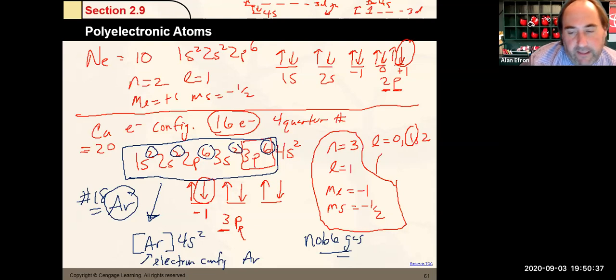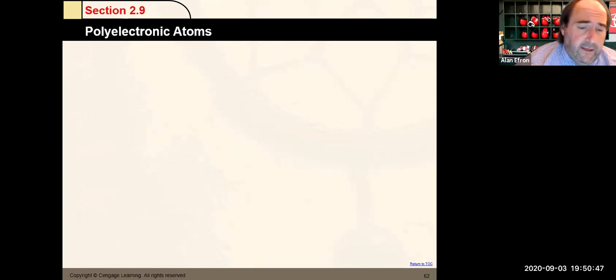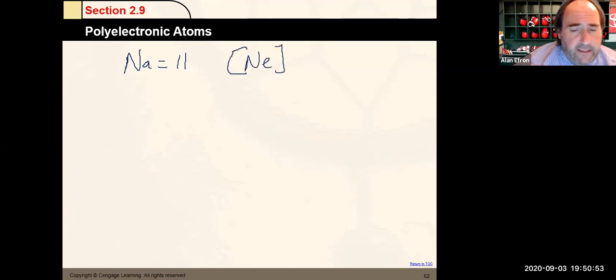So if you were doing sodium, which is 11, you would back up to neon on the periodic table, which is number 10. And if you were doing sodium, you would do neon, and then you would continue on with the configuration, which would be 3s1. Again, this would represent neon's configuration. And again, you can do that for everybody that's there. You know, krypton.